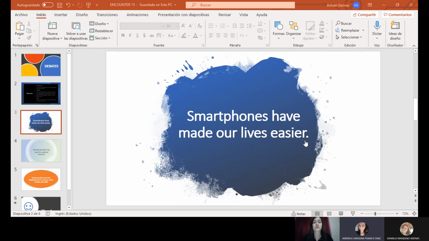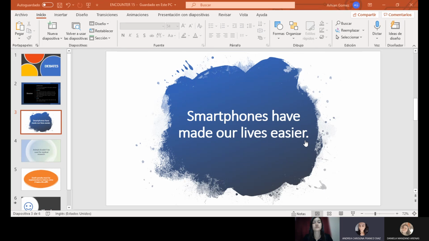The family could establish a rule where we have a day without smartphones, a day free of technology. So on that day, we can share with the family, look at life, and not use any type of technology.